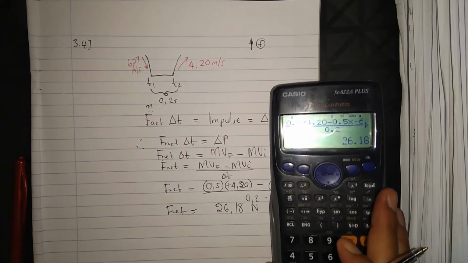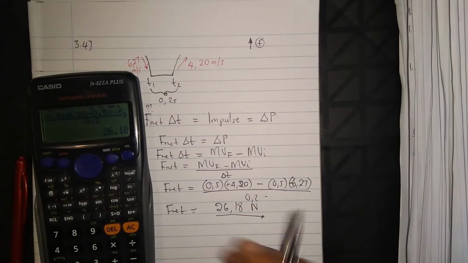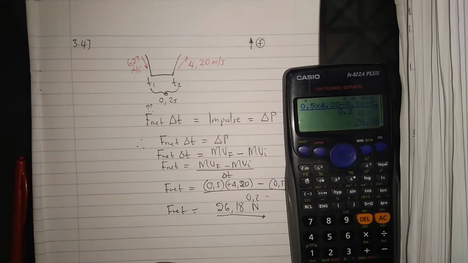This is my answer. So what's happening with the F net is that the ball is like a piece of rubber.